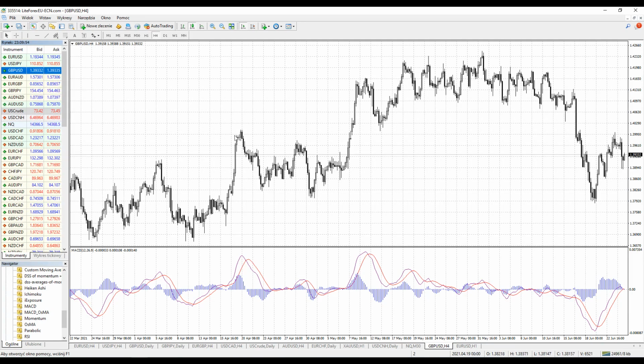So what we have, for example, here when it comes to the price, over here and over here, and what we have when it comes to the MACD, here and here, right? So there was a clear divergence, and trading basically only on that, we would probably be stopped out.